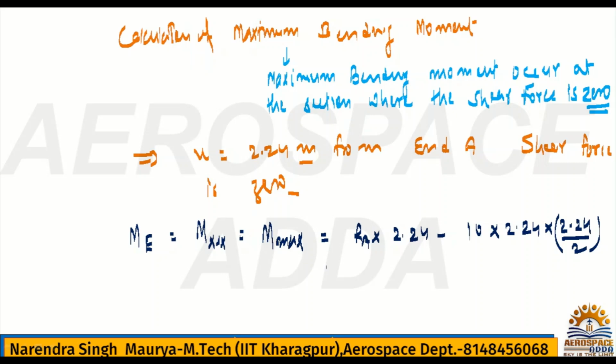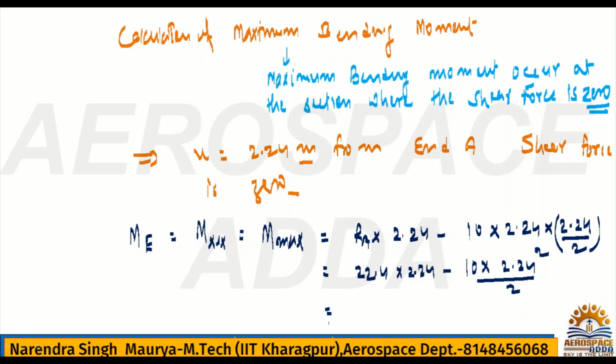Right, so this value you have to calculate. RA is 22.4, so 22.4 into 2.24 minus 10 into 2.24 squared divided by 2.